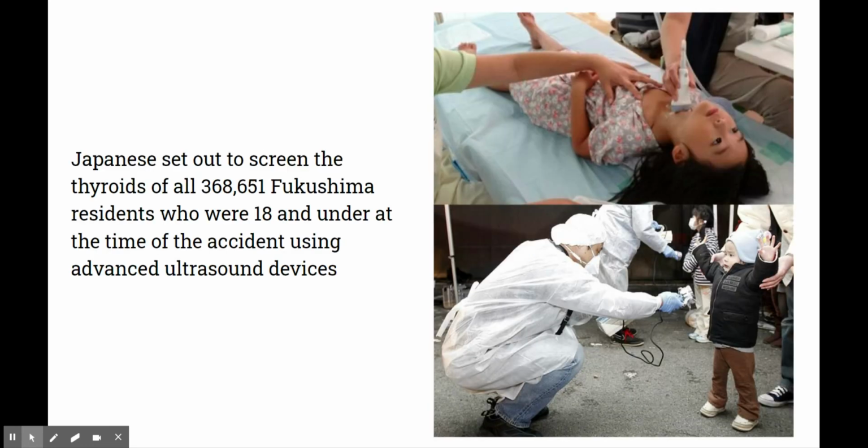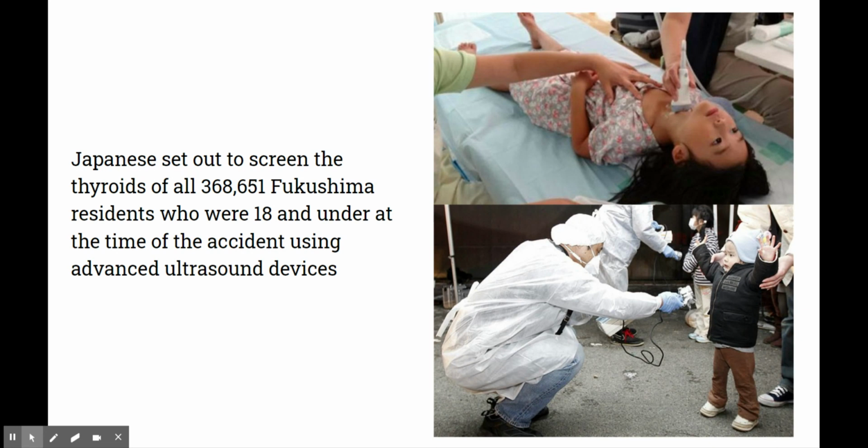So the authorities launched a big surveillance program to go out and screen over 300,000 residents of the area who were under the age of 18. And they used the most advanced ultrasound devices that they had available to them.